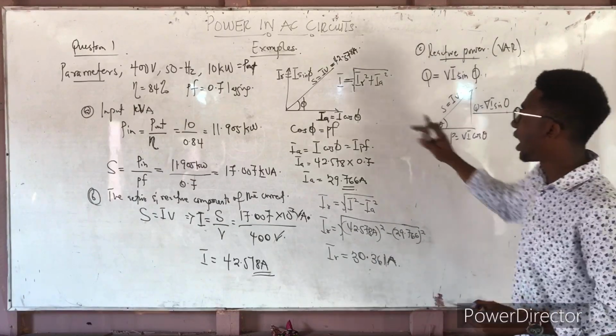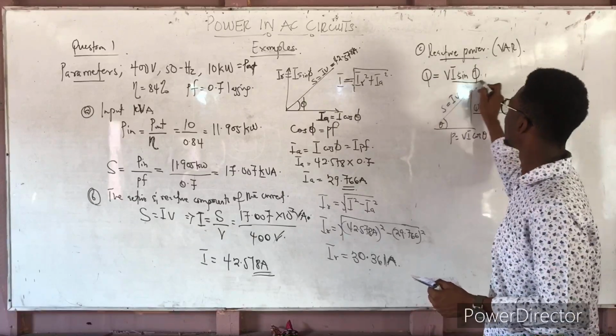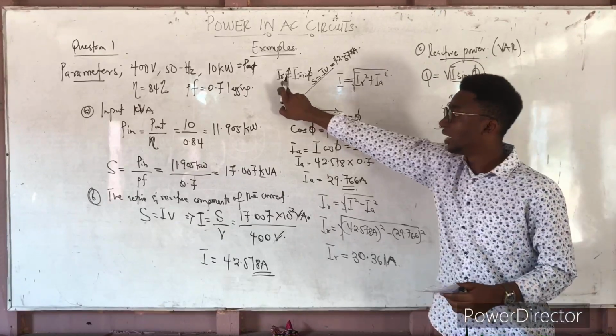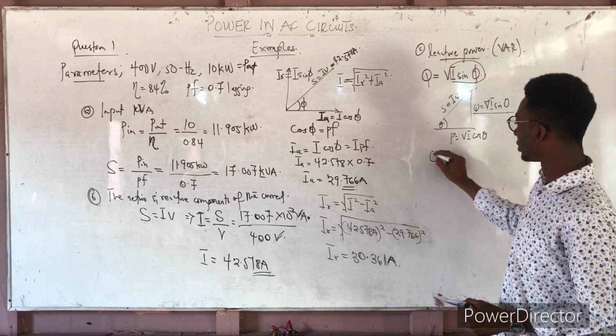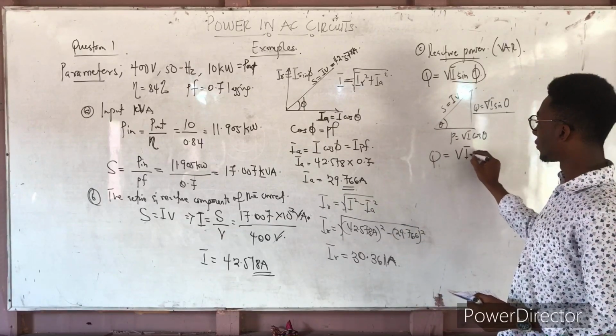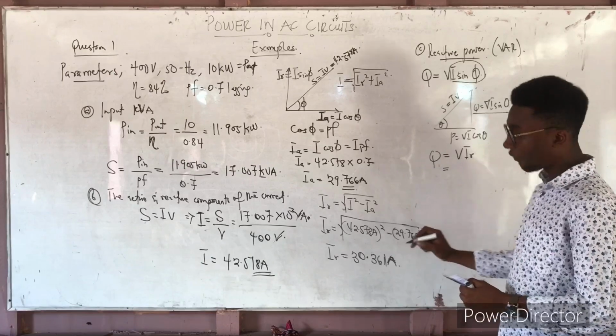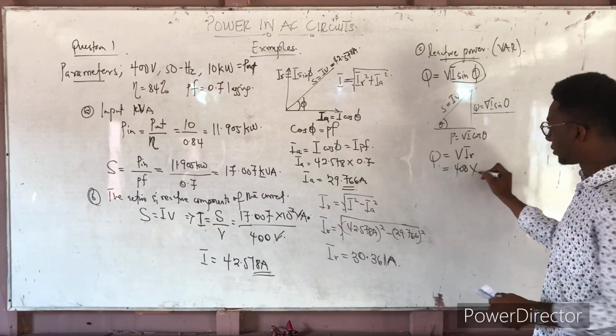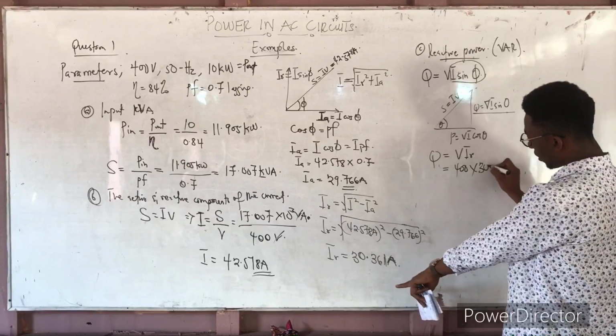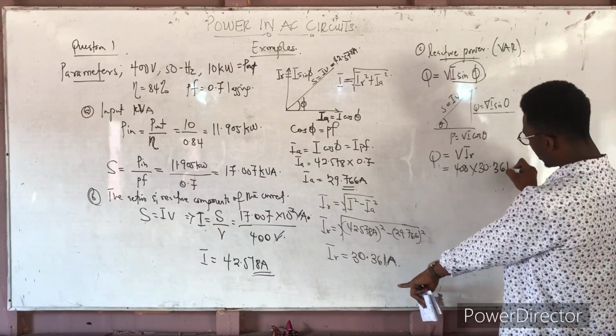But take note that the I sine theta aspect is IR in the question, and it's the current we found here. So therefore, you can say Q is equal to V times IR. And we have our V already, which is the voltage, equal to 400, times the IR current we found here, 30.361.